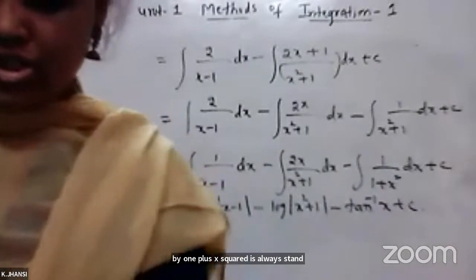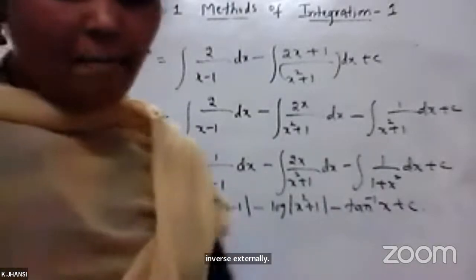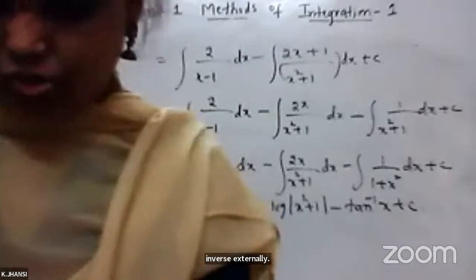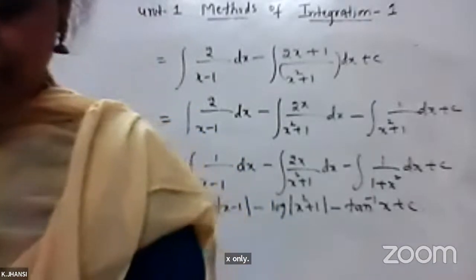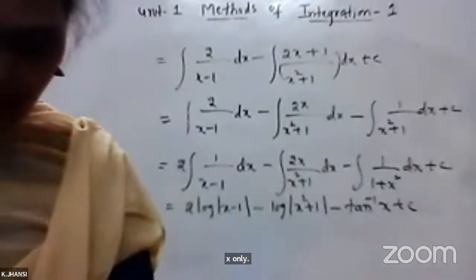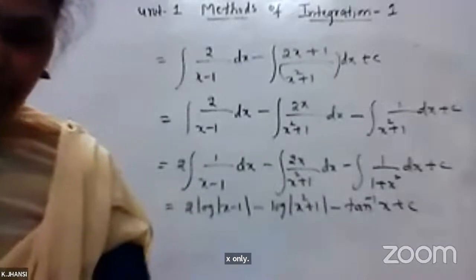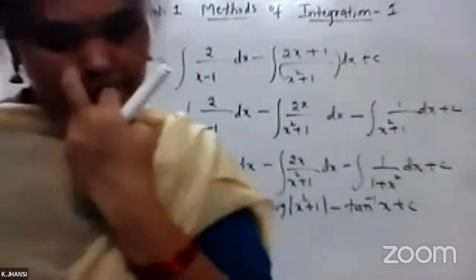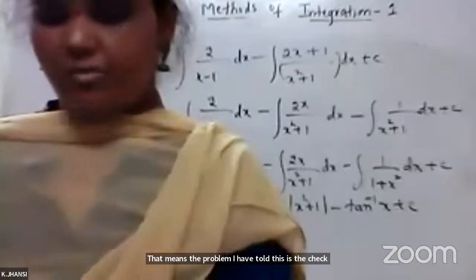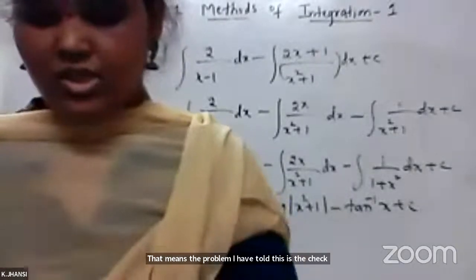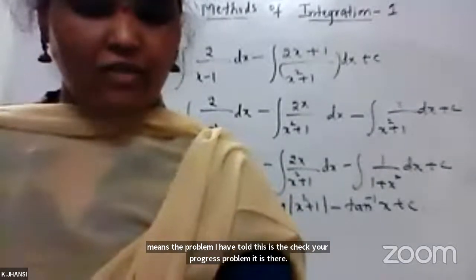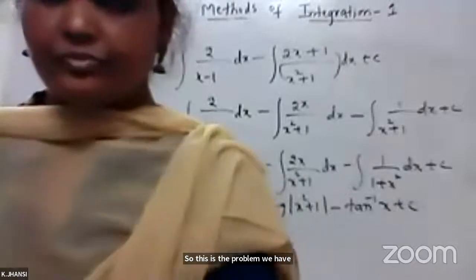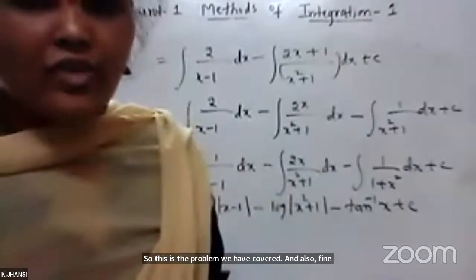Okay. So this is the procedure to solve the partial fractions. So you have example problems in page number 29 and 30 and 31. 13th problem I have told, this is the check your progress problem, it is there. So this is the 10 marks problem we have covered, and also 5 marks problems also we have seen.